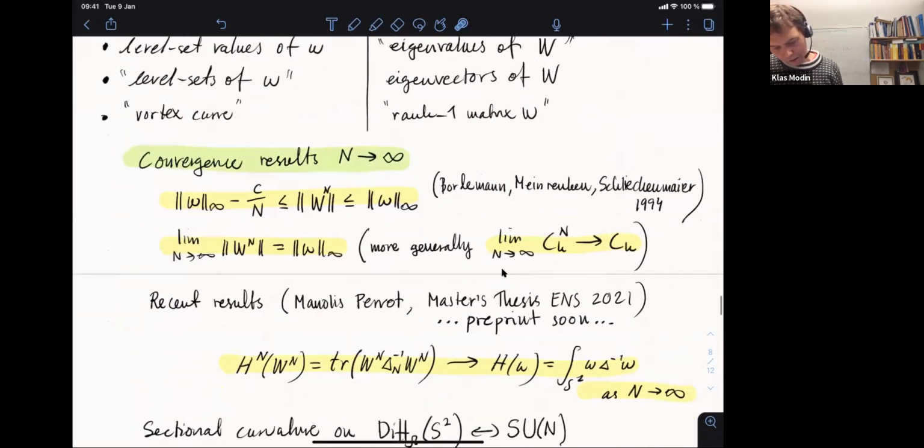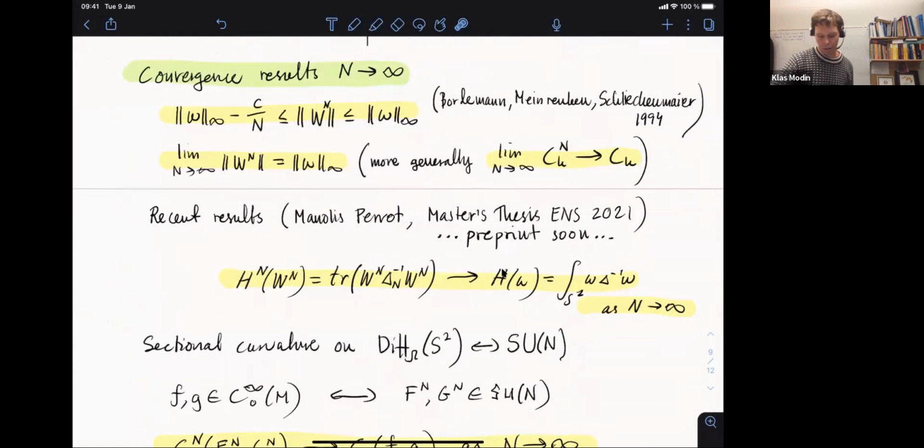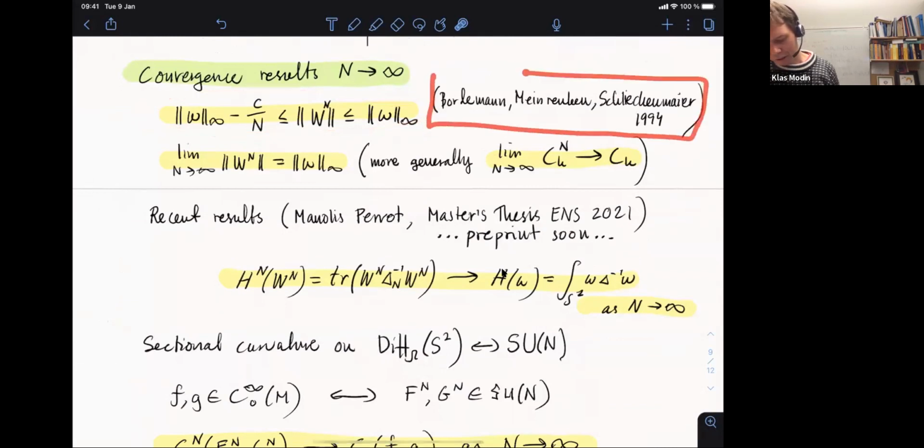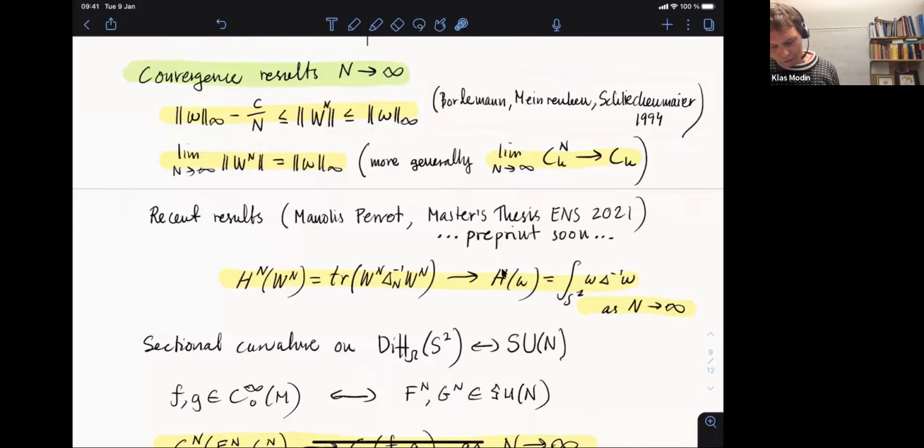So here are some results from quantization theory. This is really the first results I'm talking about here. It has nothing to do with Euler. It's generic for this type of quantization scheme. When you let n go to infinity, you get convergence of the L infinity norm. This is the operator norm or the spectral norm of the matrix.